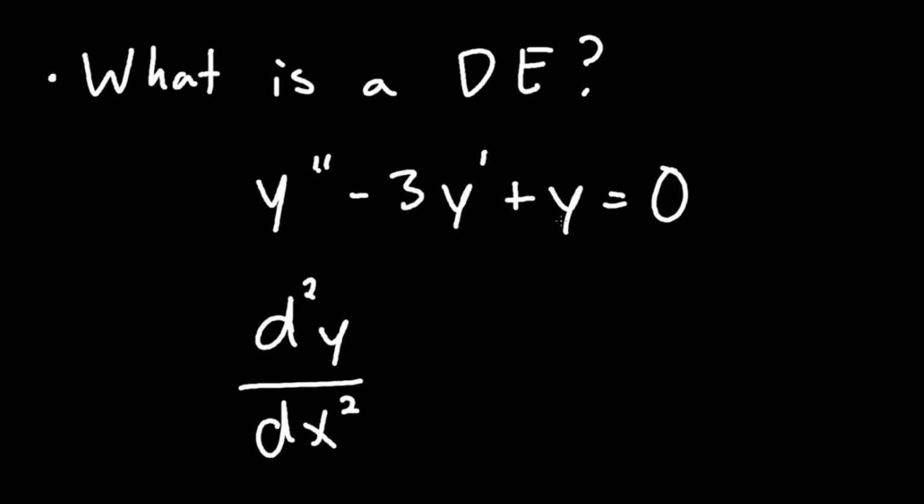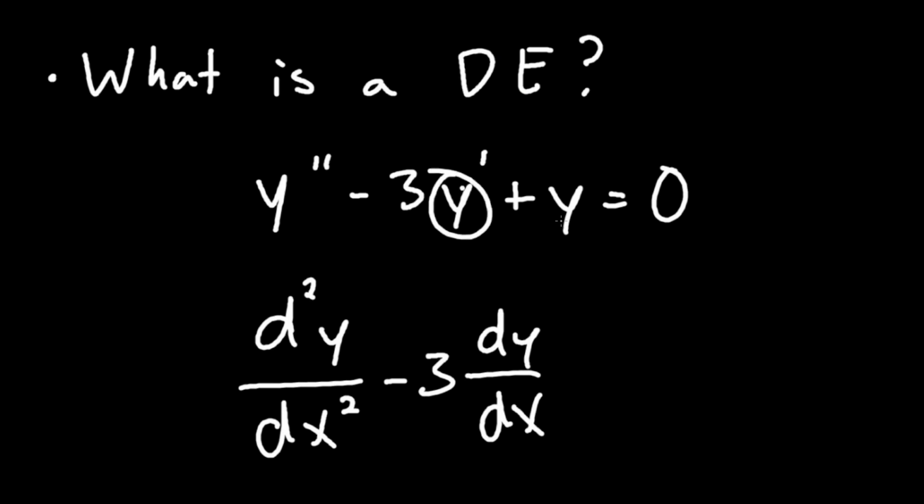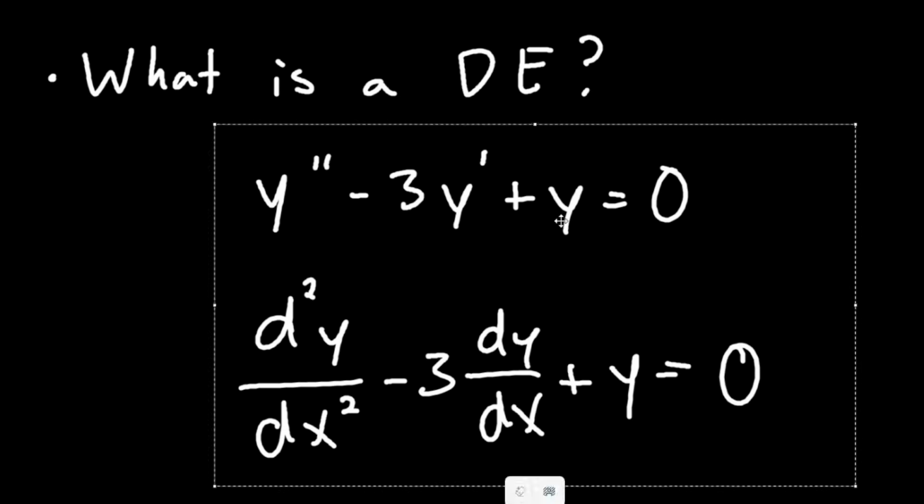And right here we have 2 primes, which means this is the second derivative. 3 dy over dx stands for the first derivative, and since there's a single prime on the y, this is just the first derivative function plus y. And since y is just by itself, I can just represent it as y is equal to 0. These two things equal the same thing.